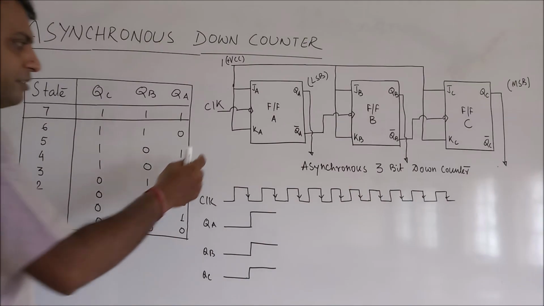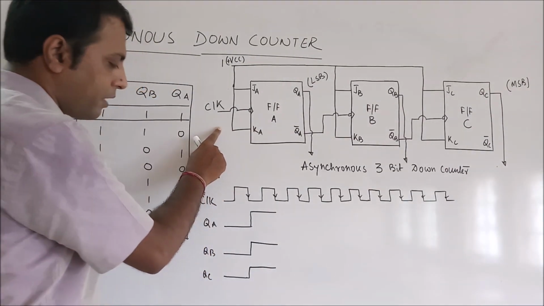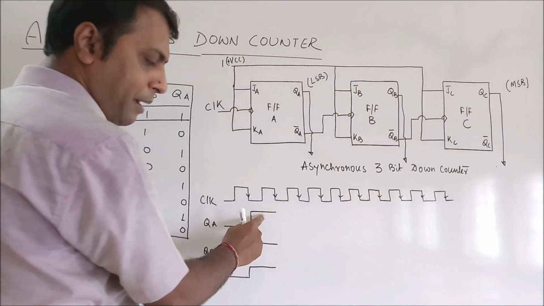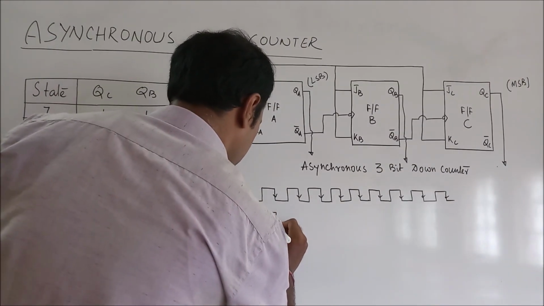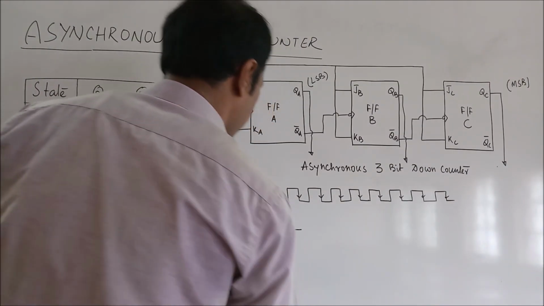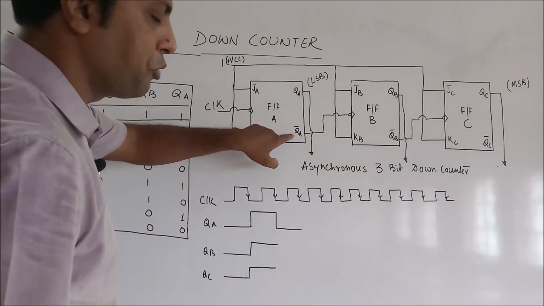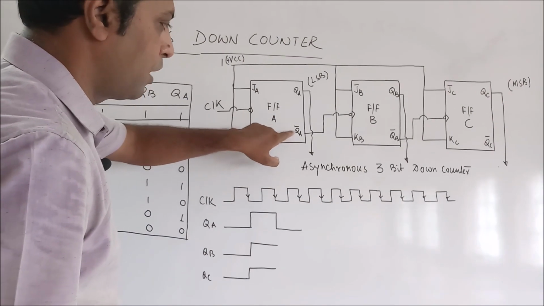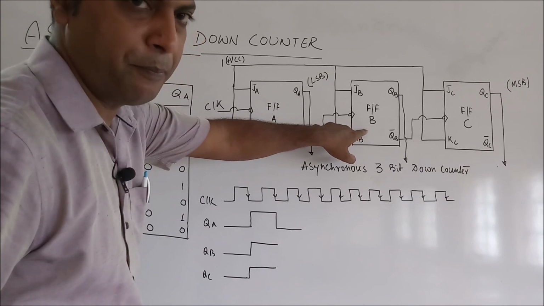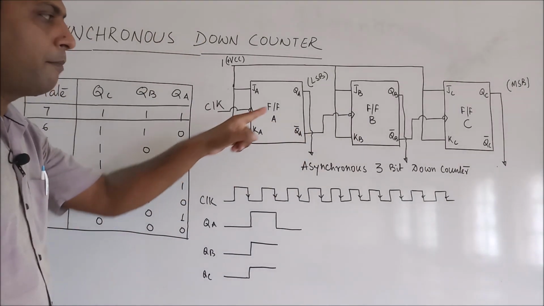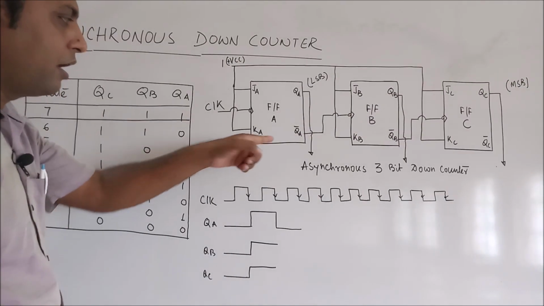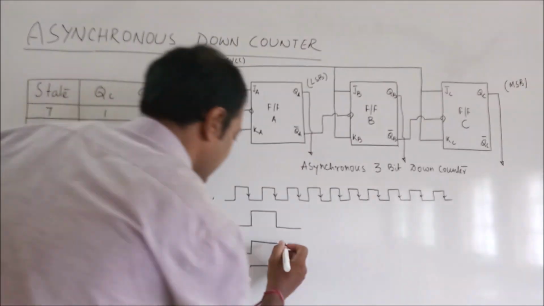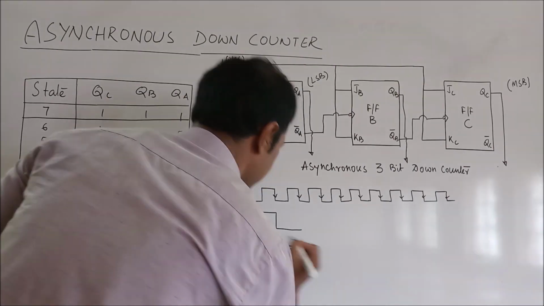When the clock pulse is applied to flip-flop A, QA was 1, so it toggles to 0. QA is 0 means QA bar is 1, but flip-flop B gets its clock pulse from QA bar, and it is negative edge triggered, so it will activate only when it goes to 0. Now it is 1, so it remains in the same state.